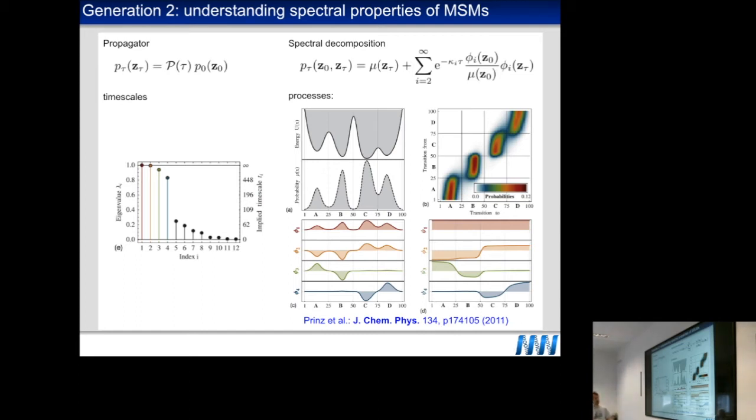But yeah, MD is always about these trajectories, and you don't really think very much about probabilities. At least the algorithm is not really formulated in a way that you think about probabilities. But this here is a description of the dynamics in probabilities. So here we do not think of one molecule evolving in time, but we think about an ensemble of molecules evolving in time.